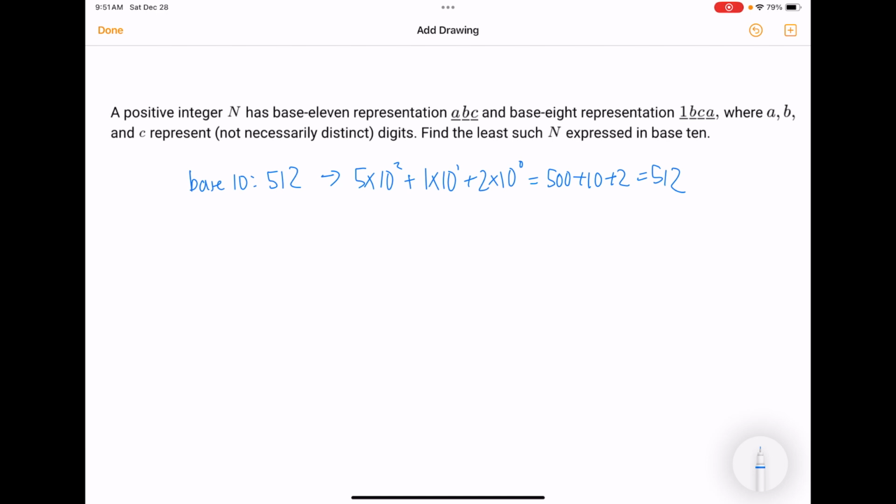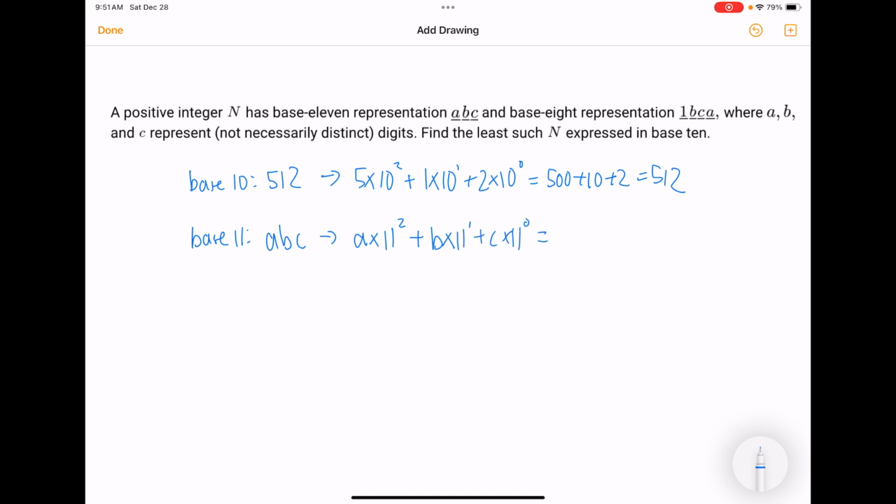But going back to the problem, we have base 11 with ABC. So that means it would be A times 11 to the second plus B times 11 to the first plus C times 11 to the 0th.